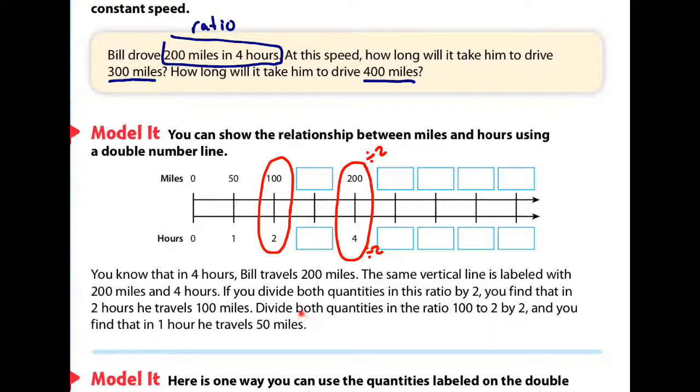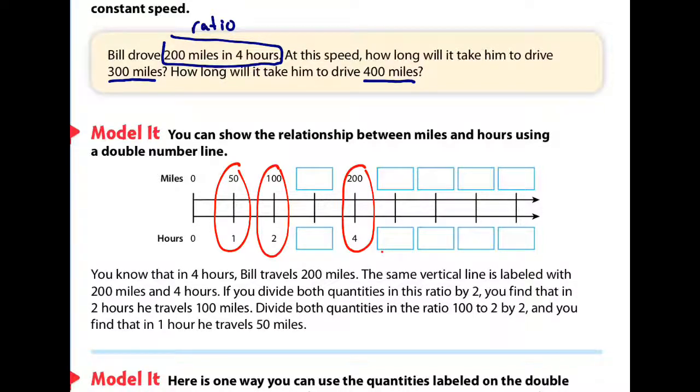It says divide both quantities in the ratio 100 to 2 by 2, and you find that in 1 hour he travels 50 miles. So what they're saying here is if you divide each of these by 2, you'll get 1 hour for 50 miles. Okay, so let me erase all that slop. And just so you know, at this point we're looking at these 3 ratios.